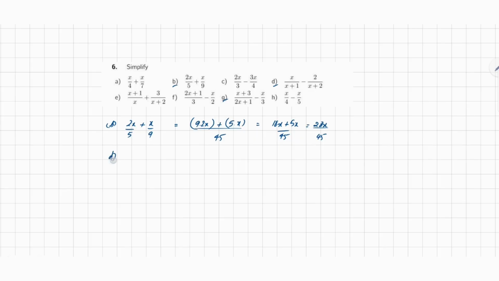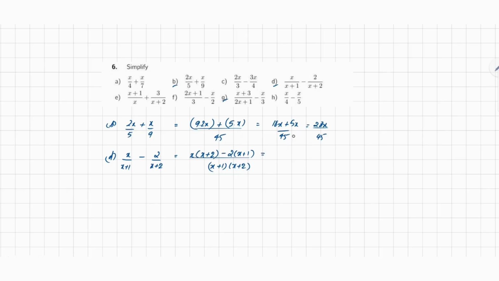Next, we have question D. X over (x plus 1) minus 2 over (x plus 2). We can take a common denominator, and this is done with cross multiplication. So we have x times (x plus 2) minus 2 times (x plus 1) over (x plus 1) times (x plus 2).